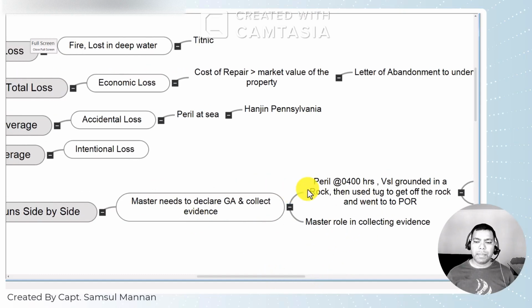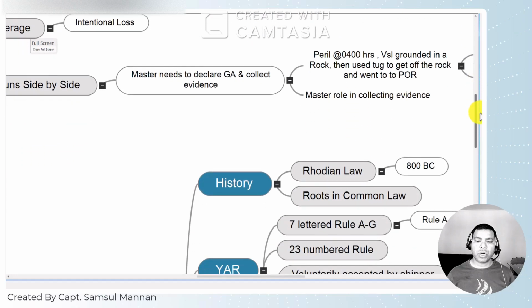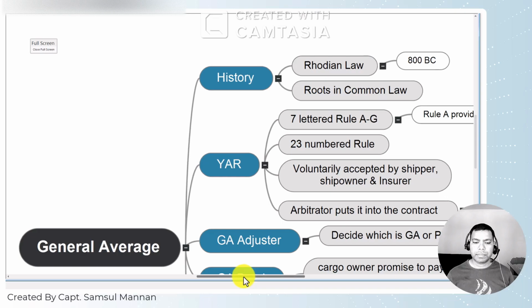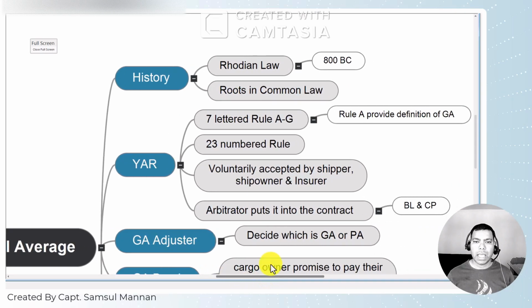We'll discuss a bit more about general average because it is a very common topic in the maritime industry. General average is actually not a new thing. It roots back to 1800 BC. In the ancient Rhodian law, we find the root of general average. Then it has roots in the common law as well, right?